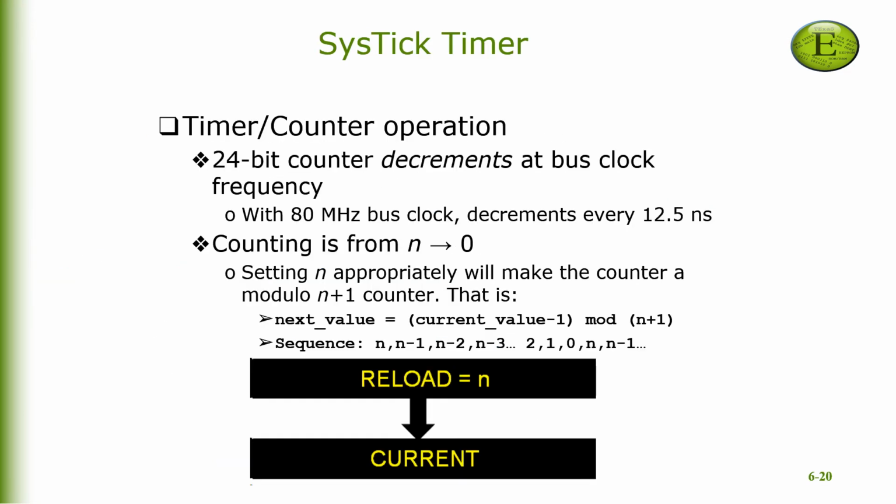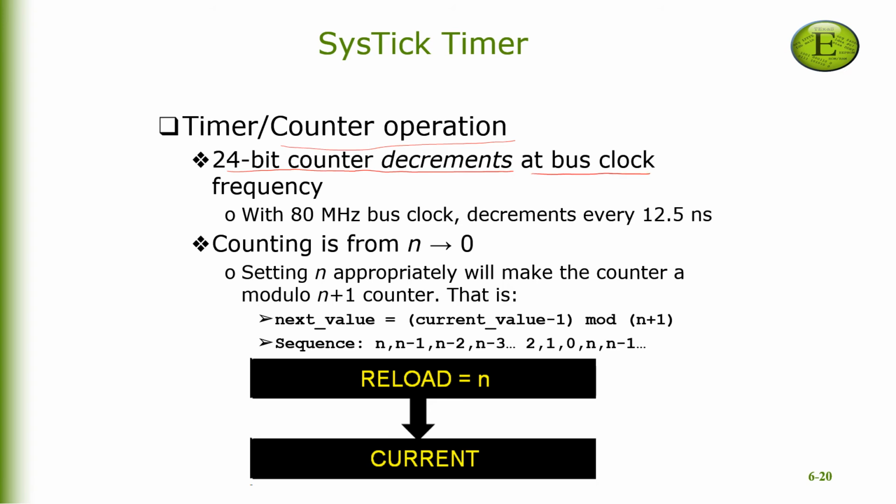Moving on to the SysTick Timer module. It is a module that is very similar to the counter that you design in your digital logic design course. Timer works the same way. SysTick Timer is a 24-bit down counter, so it decrements its value at the bus clock frequency.